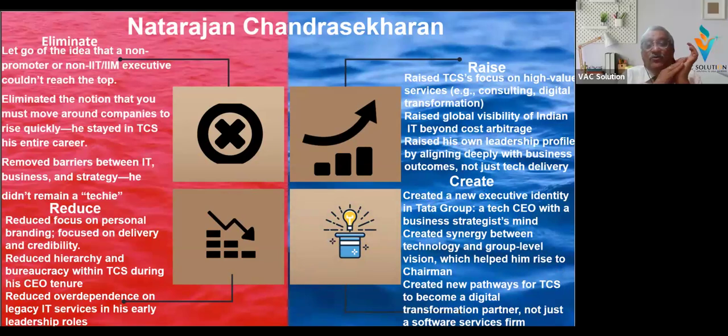He created a new executive identity in the Tata Group, a tech CEO with a business strategist mind. Create a synergy between technology and group level vision, which helped him to rise to chairman. Create new pathways for TCS to become a digital transformation partner, not just a software services firm.